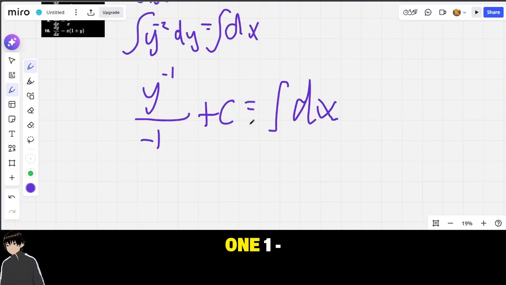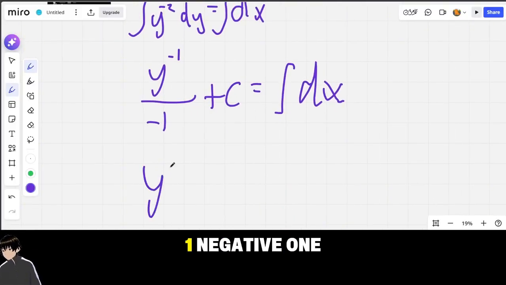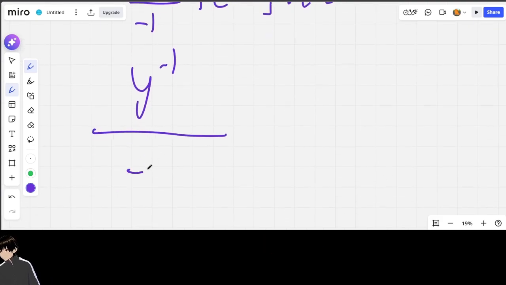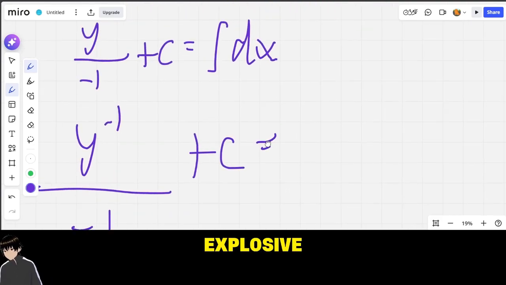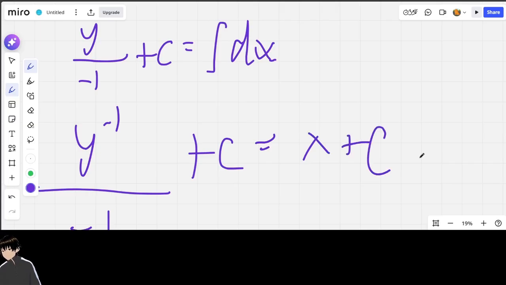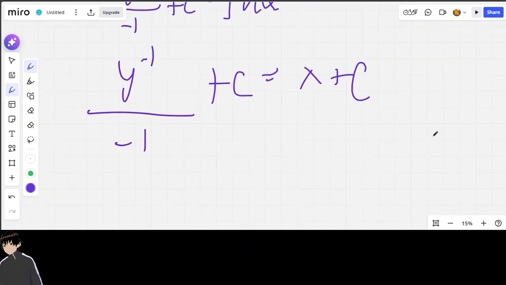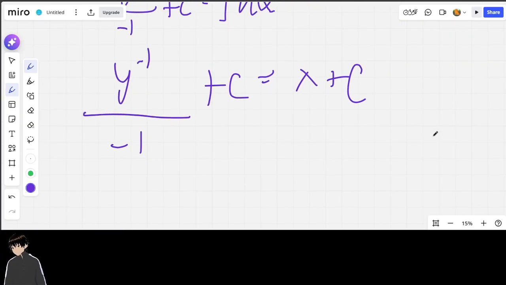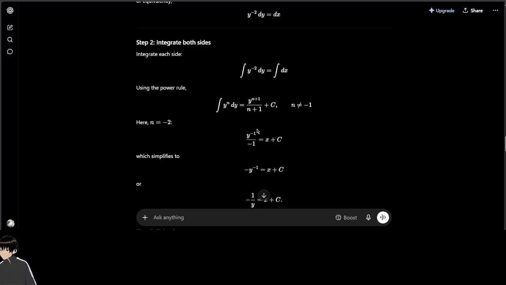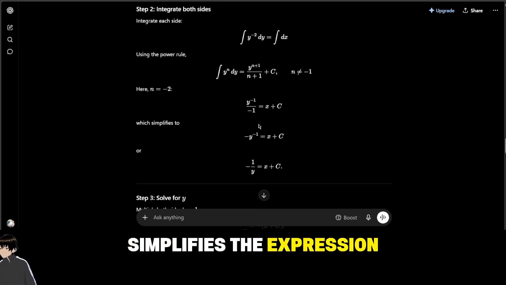So we have y to the negative 1 over negative 1 plus c equals x plus c. Then it simplifies to x plus c.